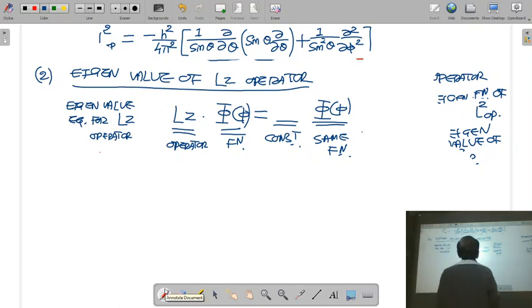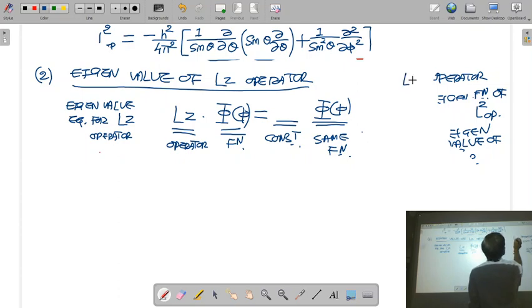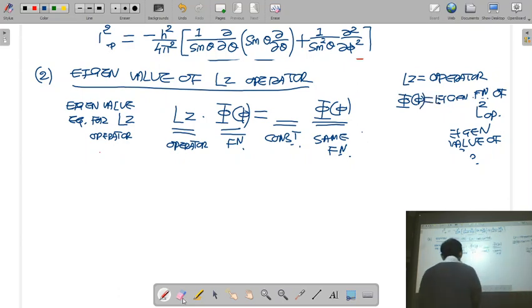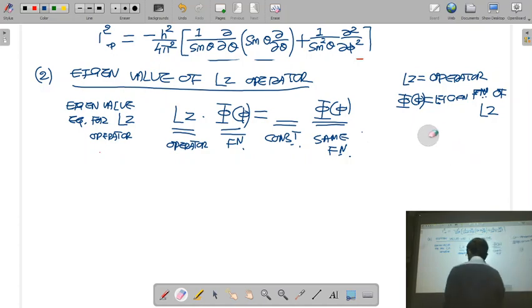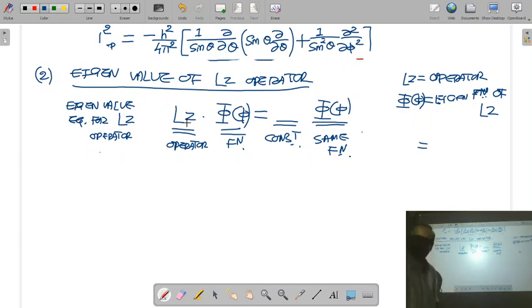So here Lz is the operator, phi is the eigenfunction of Lz operator, and Lz is the operator for the z component of angular momentum.